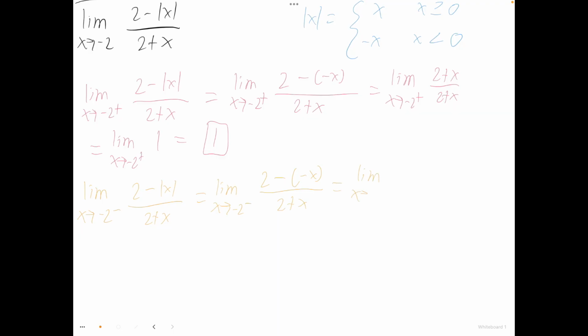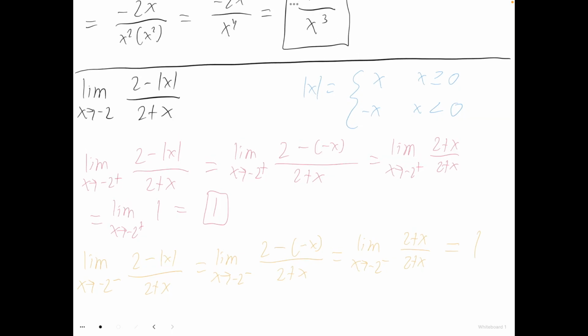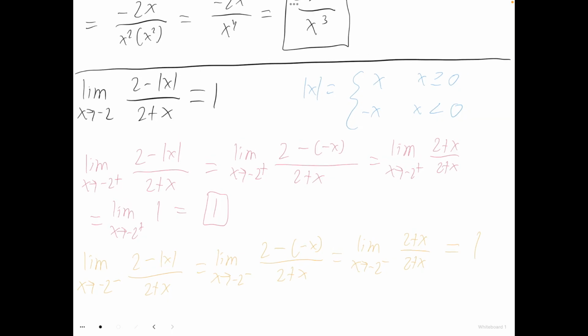So we have the limit as x goes towards negative 2 from the left of 2 plus x over 2 plus x. And by the same argument as above, this will just be 1. And so what we found is in this whole limit, we got a value of 1.